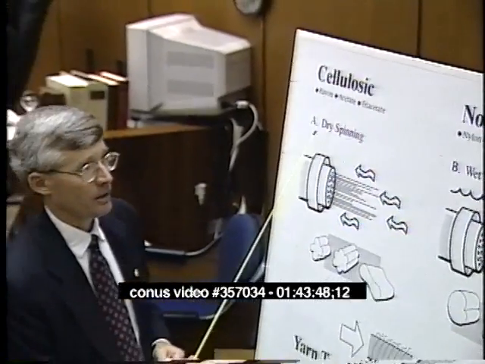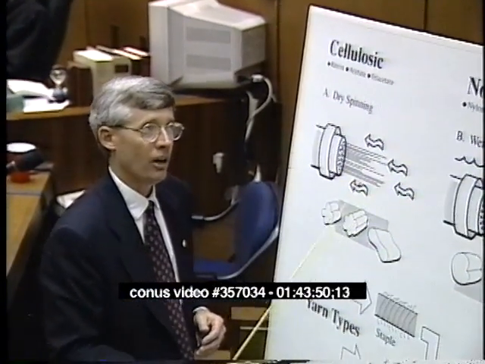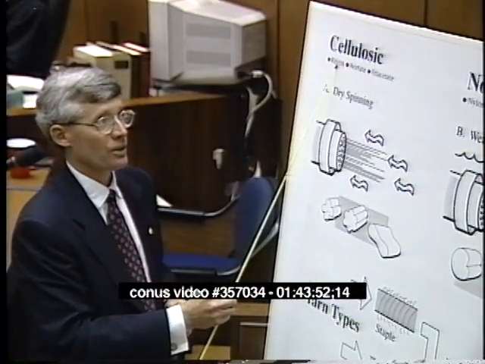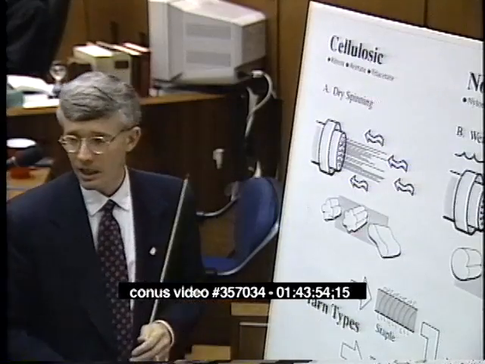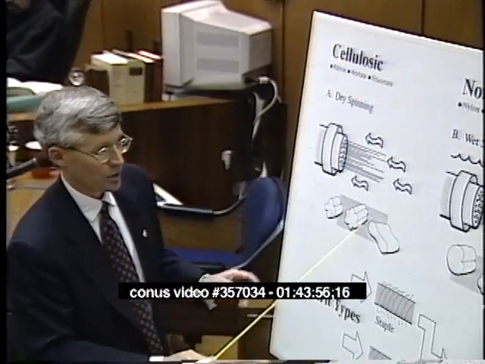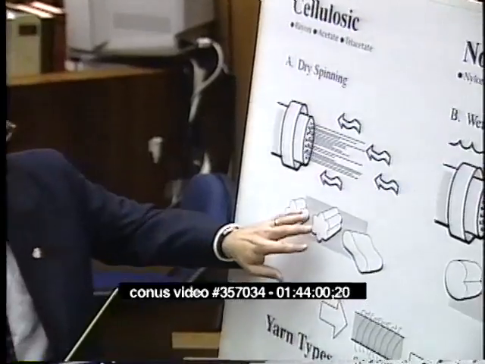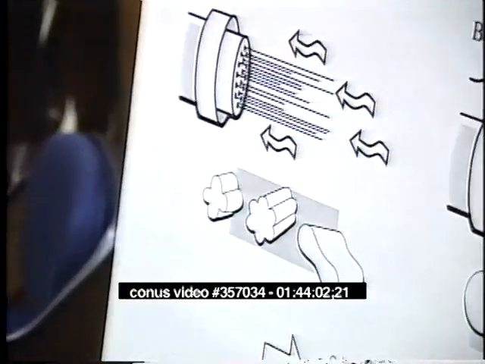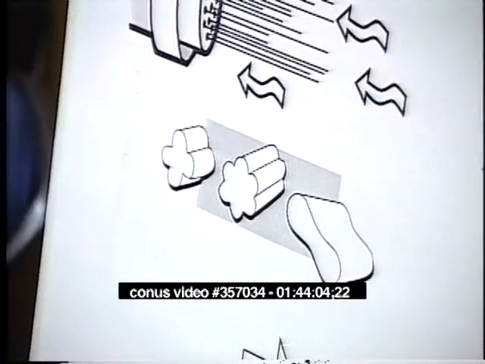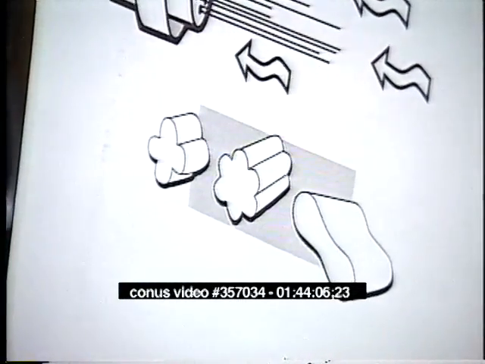Dry spinning, it's forced out into air. Rayon, which is cellulosic, acetate, and triacetates take on these particular shapes. And as they dry, they crimp. And it looks like you have a striated or streaky fiber as it's laying on a glass microscope slide.